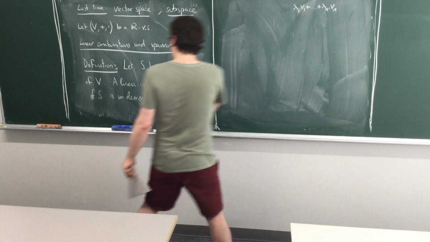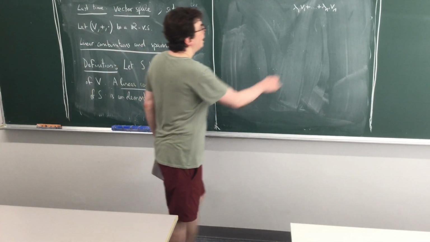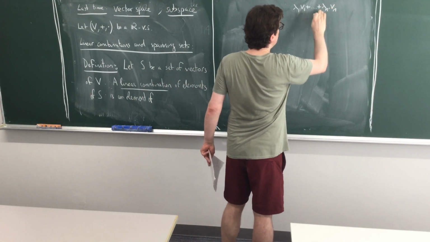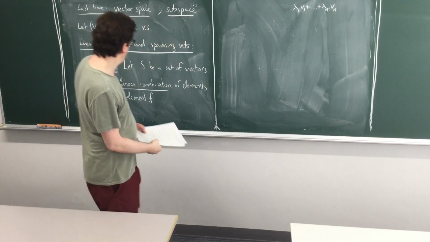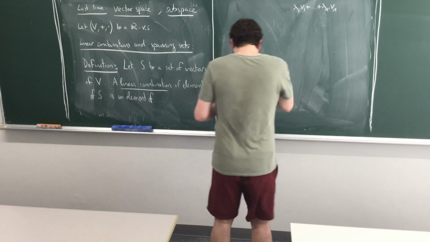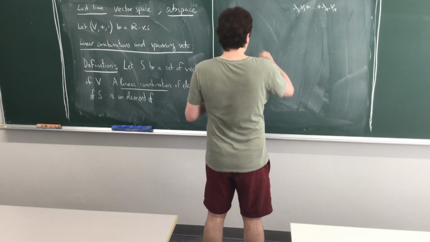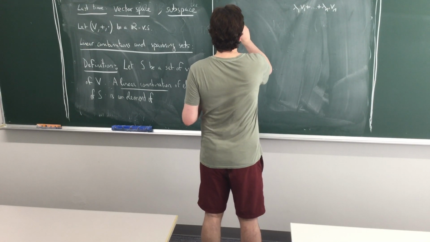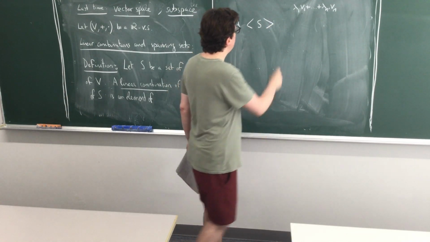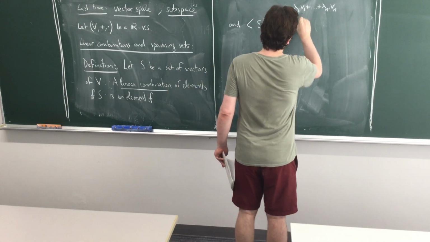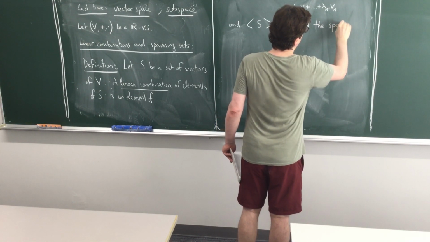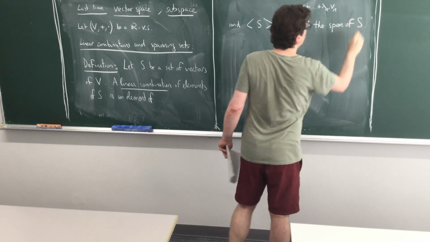So actually this is a vector, as you can see. Any vector of this form will be called a linear combination of S. And this set is called the span of S.